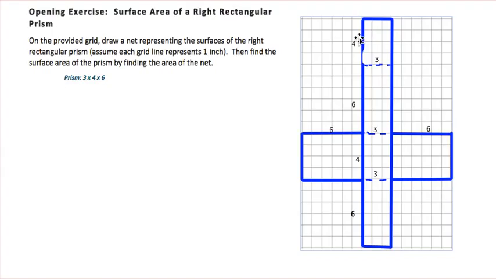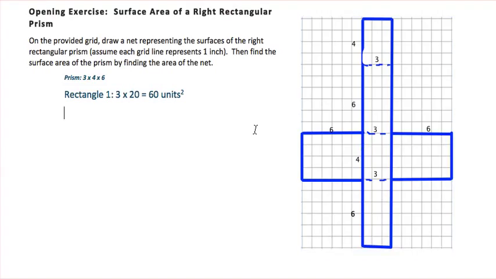So the area of the large rectangle is 3 by 20. And that, of course, is 60 square units. And the 2 smaller rectangles are actually the same measurement.